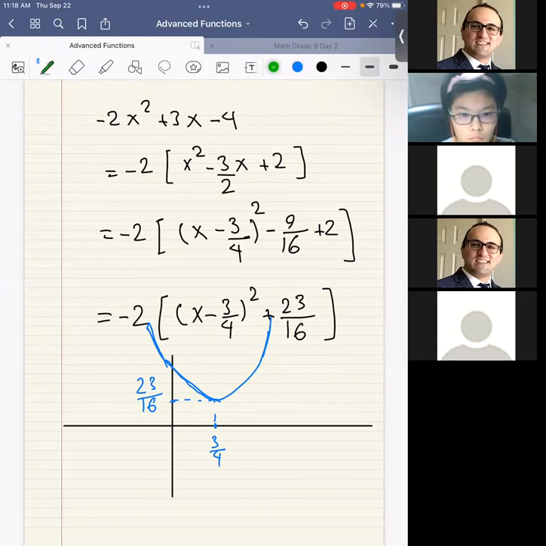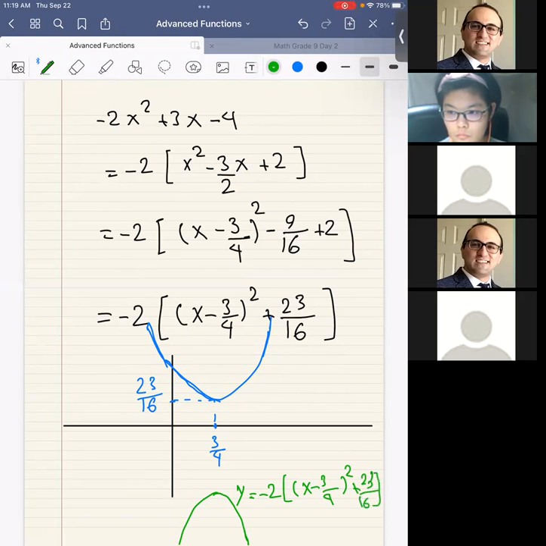And when you multiply by negative 2, you also have to stretch it along the y-axis. So it goes something like this. This would be y equals minus 2 times x minus 3 over 4 squared plus 23 over 16. So it's always below the y-axis, always negative.